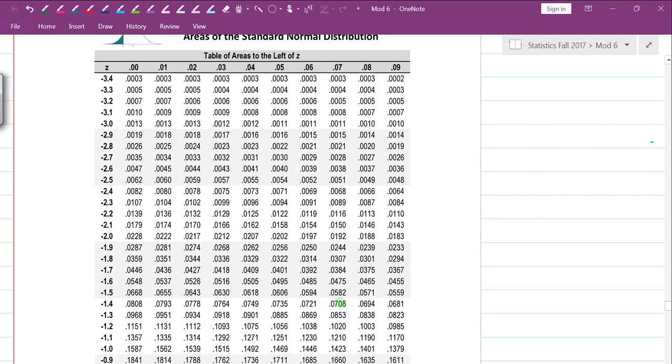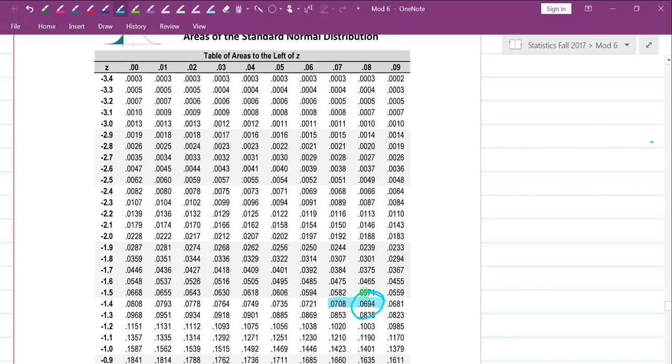We have right here as an option 0.0778 and 0.0694. Now you're going to notice that this one right here is closer, because 0.0694 is closer to 0.07 than 0.0708.